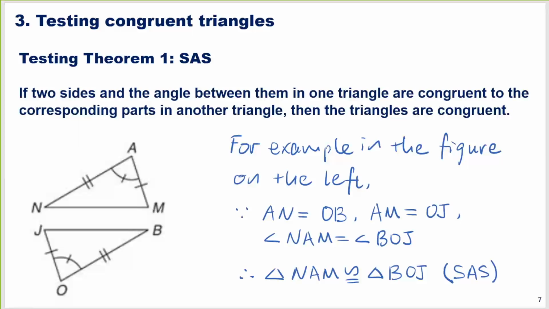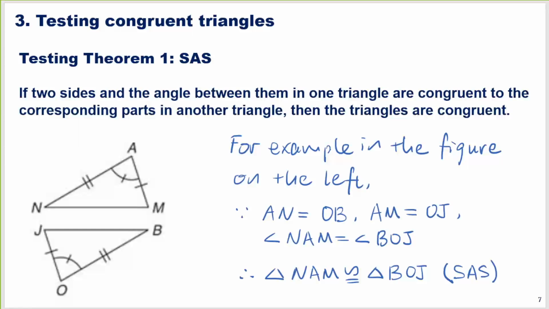For example, let's see the figures on the left. If we have a triangle AMN and another triangle OJB, these little strokes here mean the corresponding sides are equal, right? AN equals OB, AM equals OJ, and the angle in between the two sides, angle NAM, equals angle BOJ.